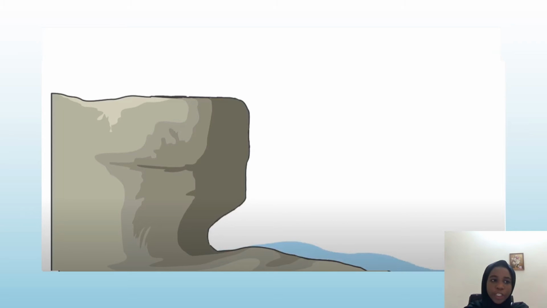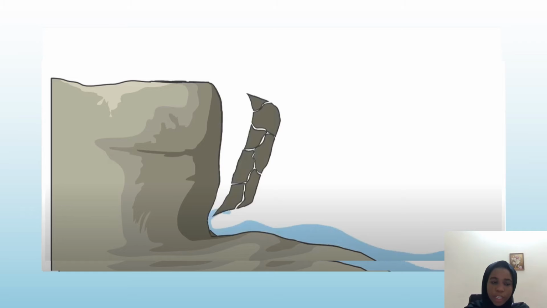Waves cause air to get trapped in the rocks, and joints of the cliff face become compressed. When the waves retreat, the pressure is suddenly released, eventually causing the rock to shatter and fall into the sea.